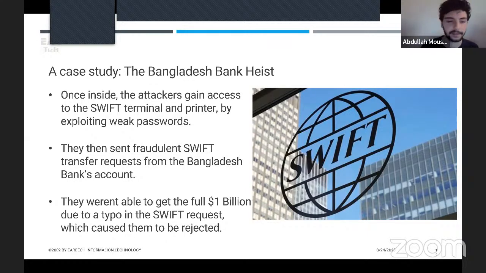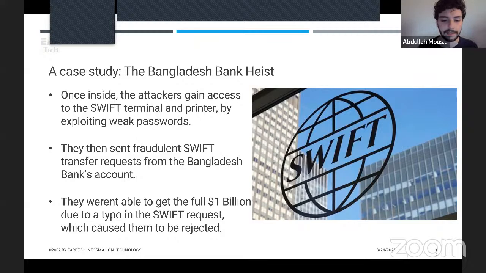The employee in charge of the Swift terminal, which, if you don't know, Swift is, as I understand it, a global financial system that connects a lot of the big banks and a lot of the money reserves, and they can put money orders, requests for transfers, in from around the world.